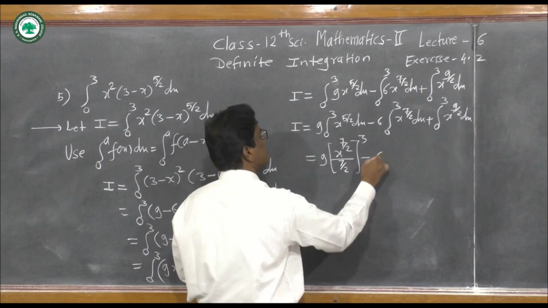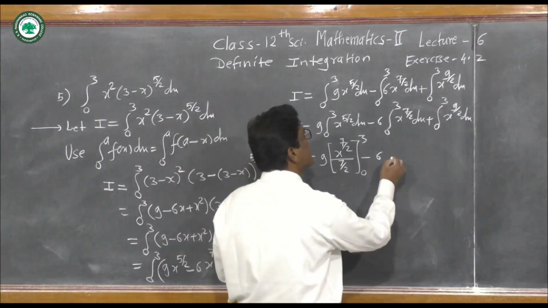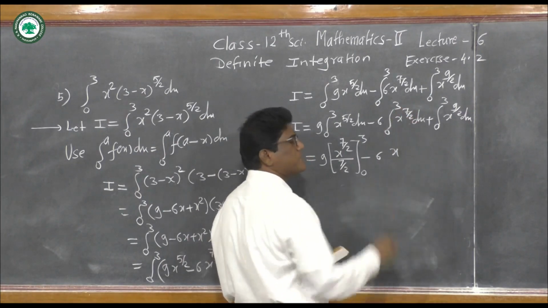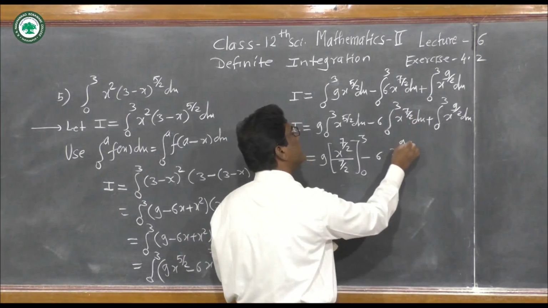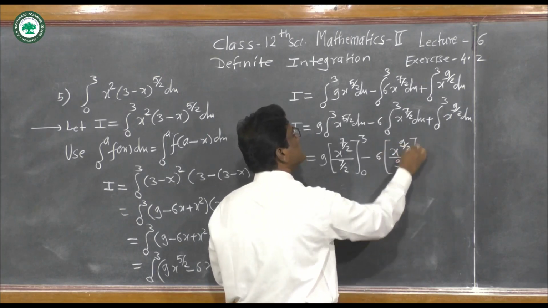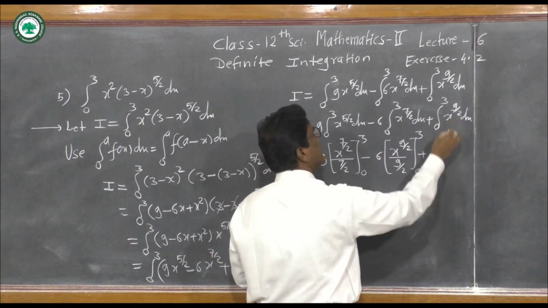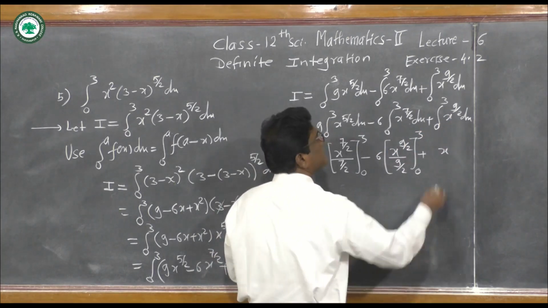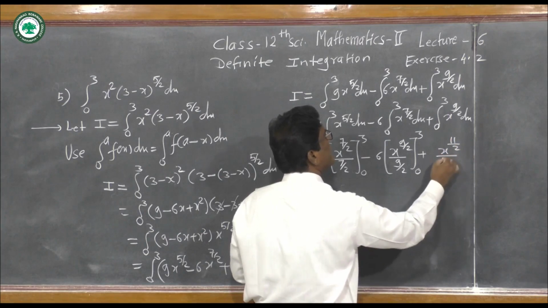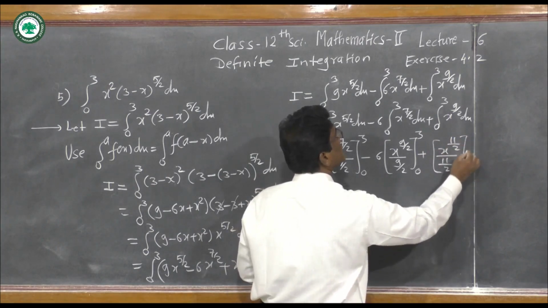Now minus 6, x to the power 7 by 2 plus 1, that is 9 by 2, divided by 9 by 2, and from 0 to 3, plus x to the power 9 by 2 plus 1, that is 11 by 2, divided by same number 11 by 2 from 0 to 3.